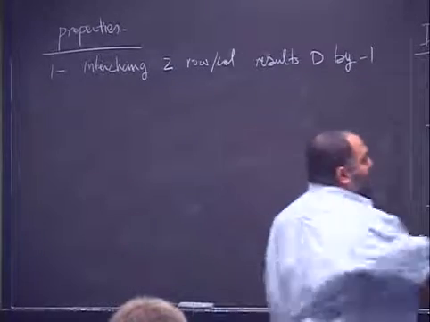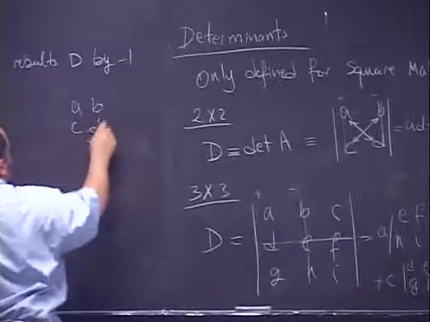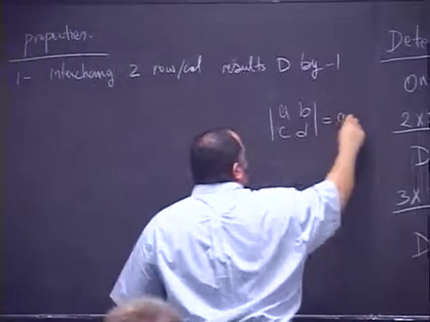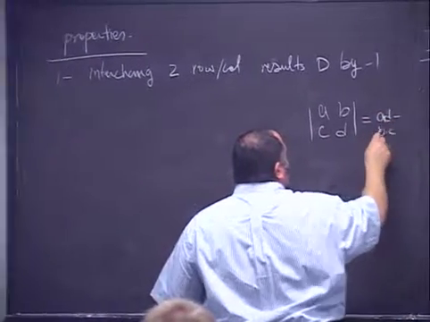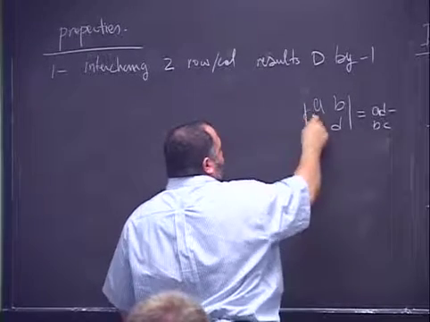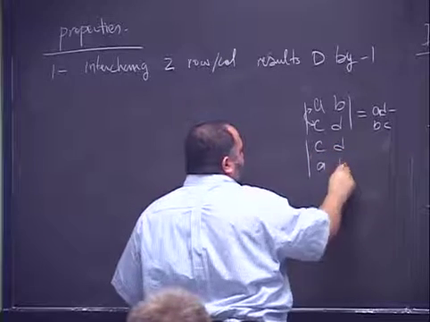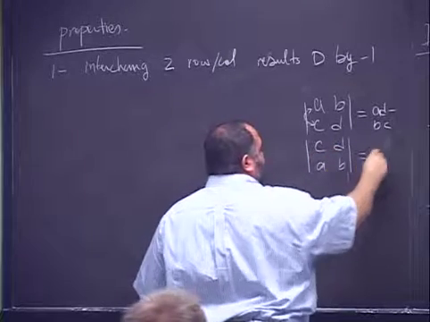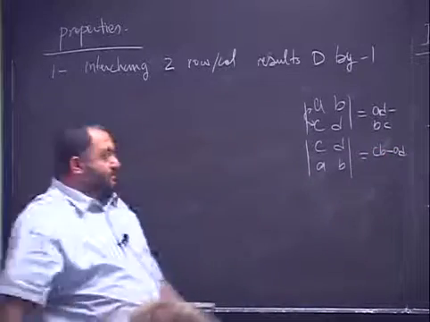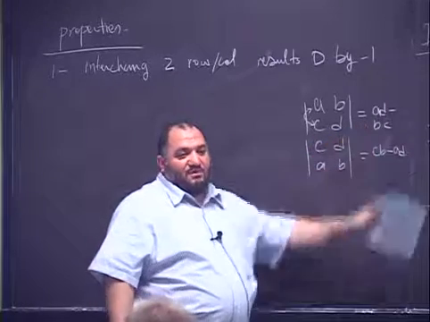Look at this matrix here for simplicity. A, B, C, D. This is AD minus BC. If you change the rows, CD, AB, this will be CB minus AD. So this is -1 multiplied by the above one.